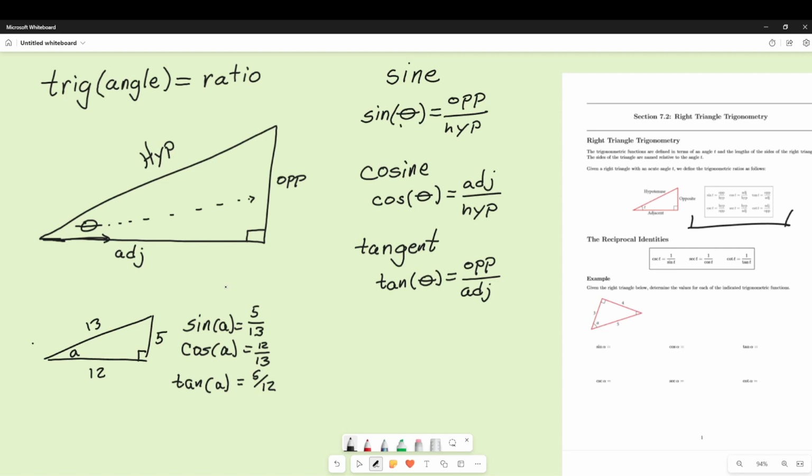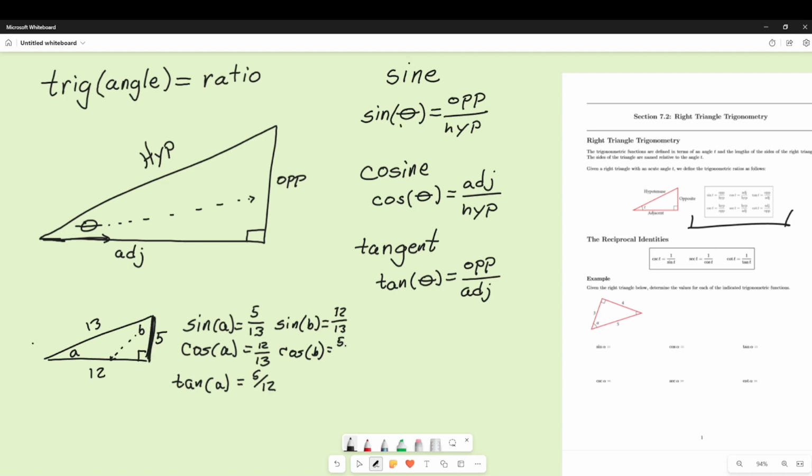Now we do have to be careful. These are specific to angle A. If we look at angle B here, well, the sine isn't specific to the triangle. It's specific to the angle in the triangle we're looking at. So sine B, the side opposite B, is that 12. So it turns into 12 thirteenths. The cosine of angle B, the adjacent side to B is that 5.